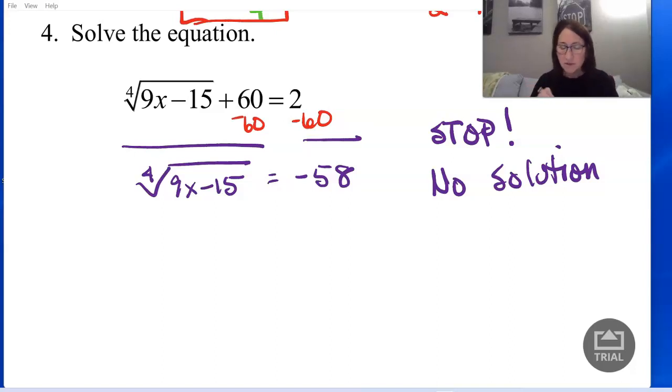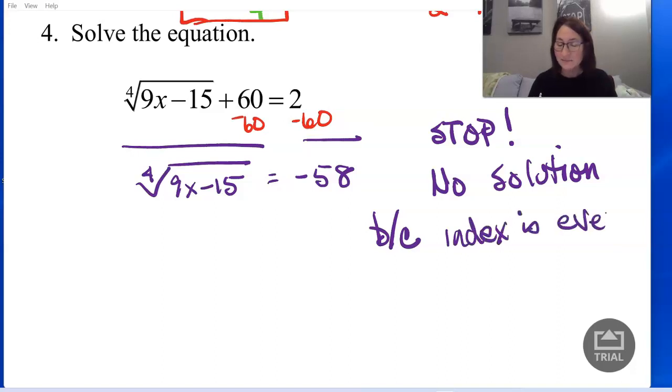It's no solution because my index is even. And when your index is even, it cannot be equal to a negative value. Your radical can't be equal to a negative. And remember, it's like that example that we very first started with, when I had the square root of 16 equal to -4, and we couldn't do that.